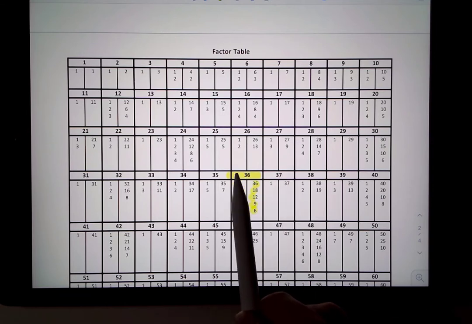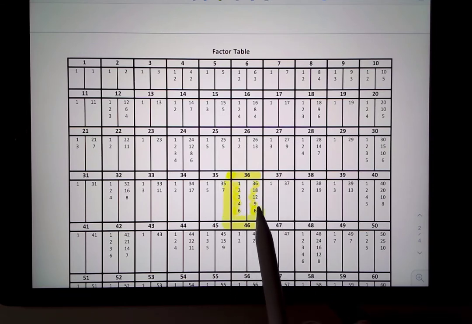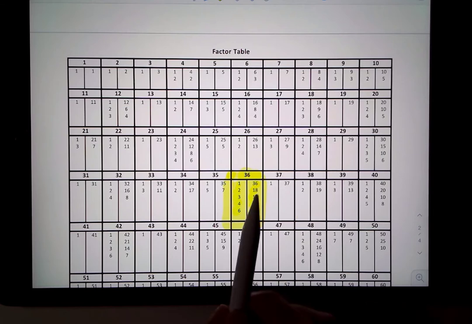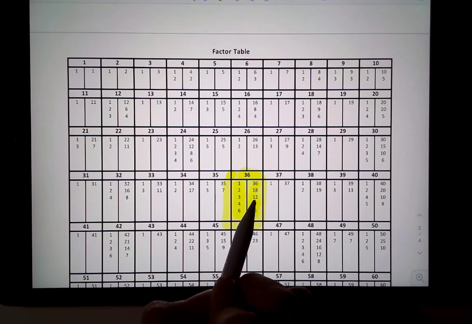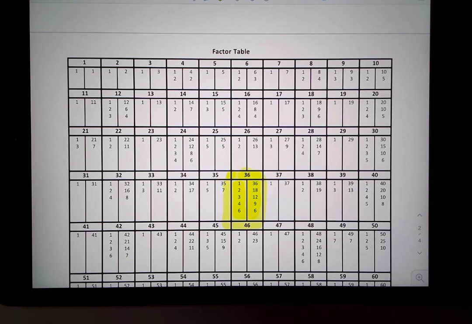After you complete the factor table for 36, all these numbers, 1, 2, 3, 4, 6, 9, 12, 18, 36, are the factors of 36. So how many factors does 36 have? 1, 2, 3, 4, 5, 6, 7, 8, 9 factors. I didn't count 6 twice, because it's the same 6, so I counted it once.